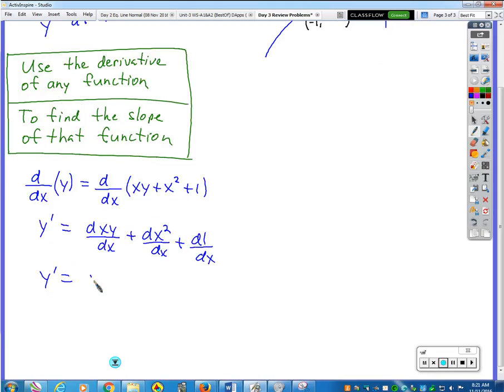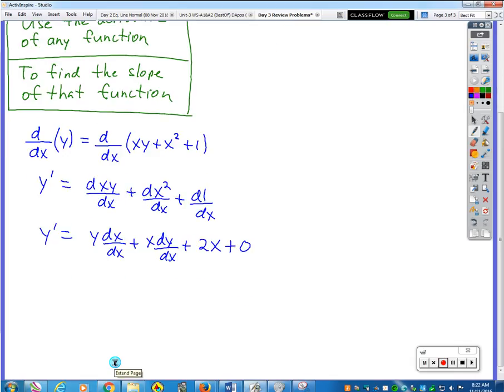Use the product rule. Pause there to see if anyone has a follow-up question. We good to there? Cool. Keep going.